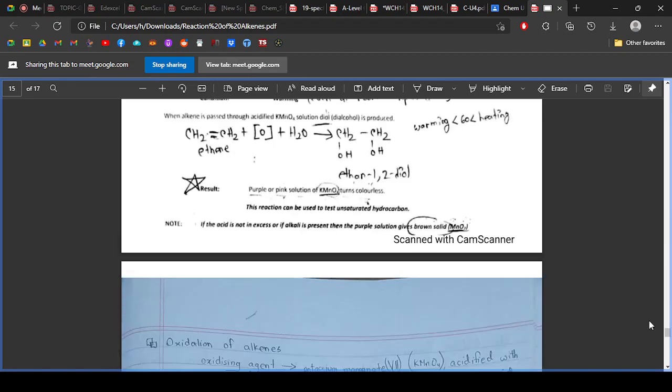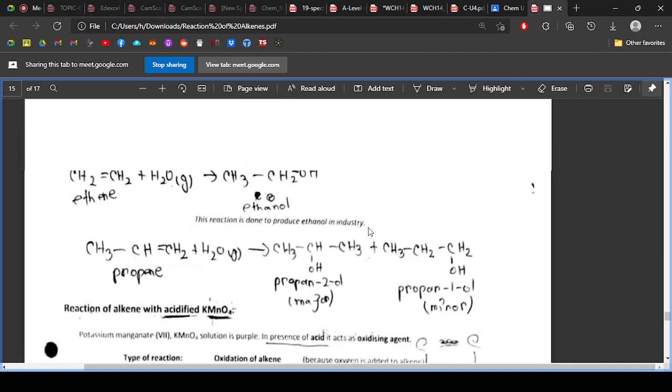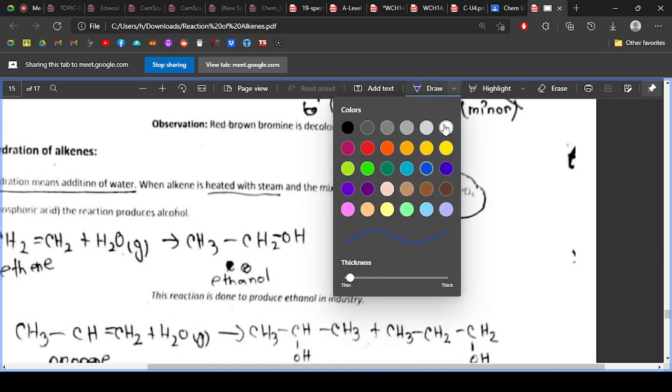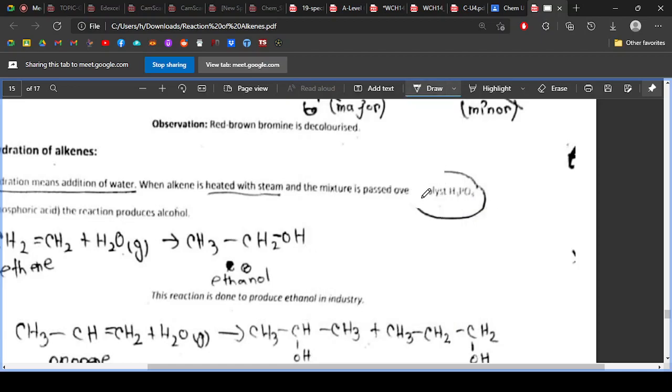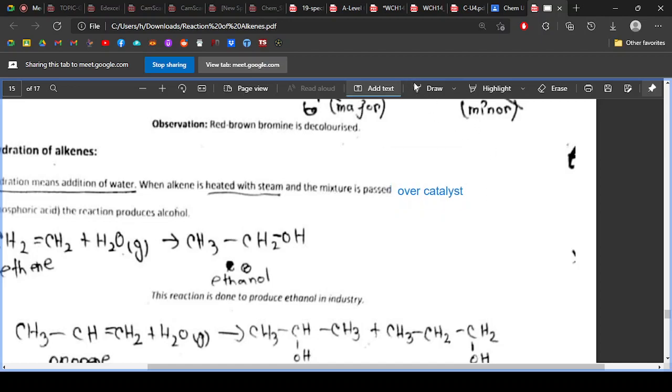Here in this PDF, go to page number 15. Let me just clarify this part. The catalyst is H3PO3, or let me write this with my pen.